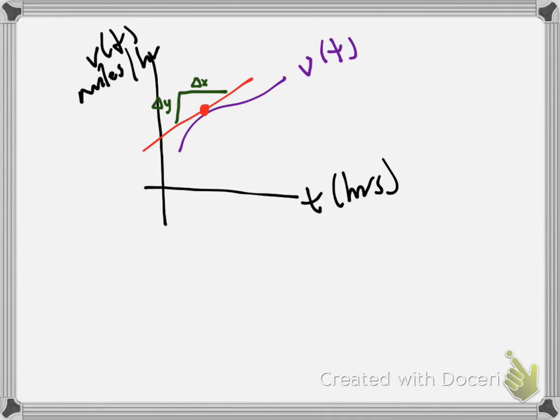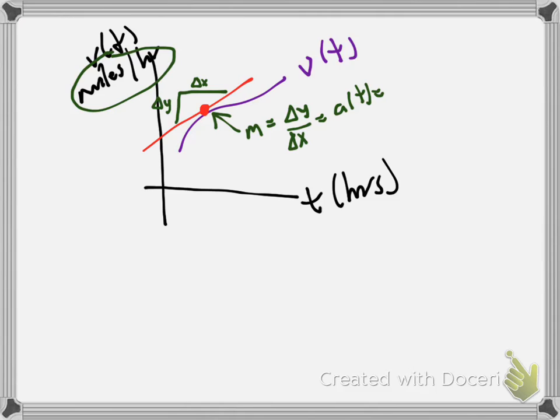Okay, so the same thing we just did. The slope is the change in y over the change in x. We know that the slope of the velocity is the acceleration. And the change in y, again, this is the vertical change. But we said that the vertical change for the velocity graph is in miles per hour.